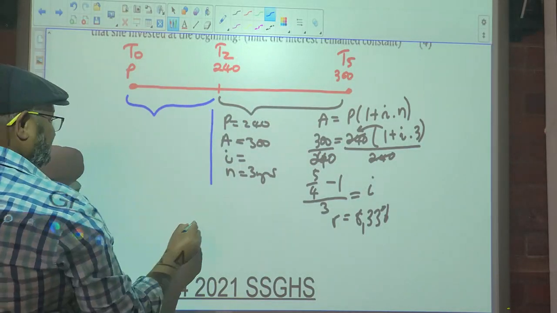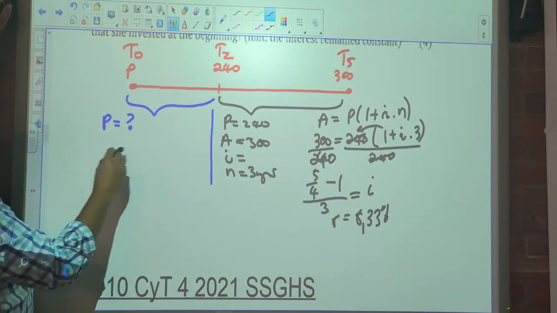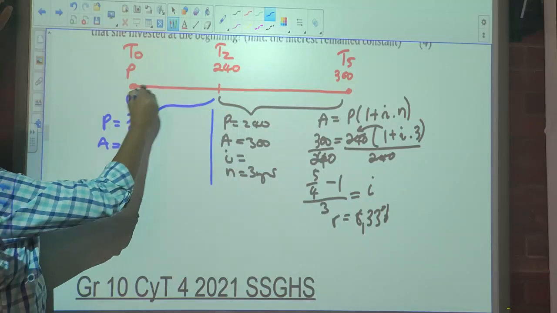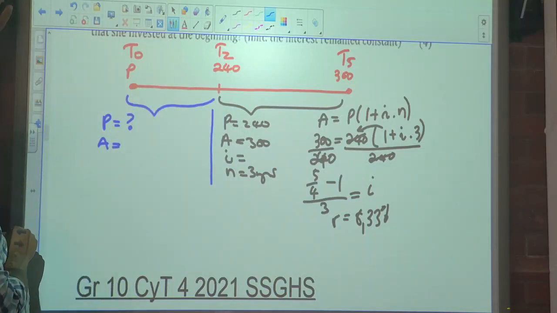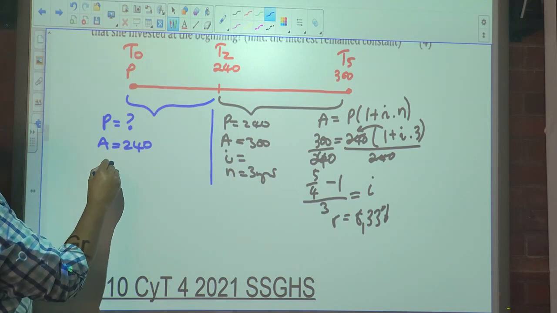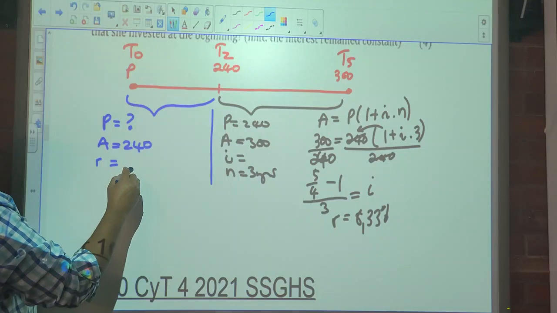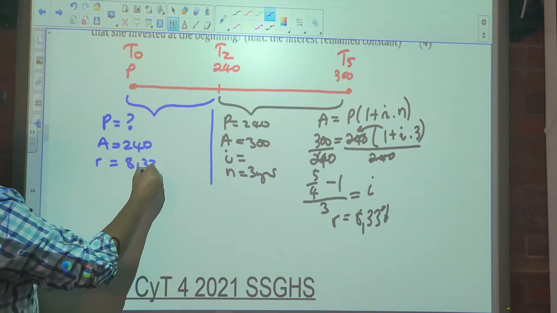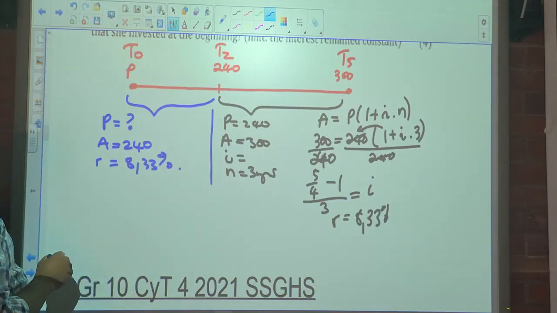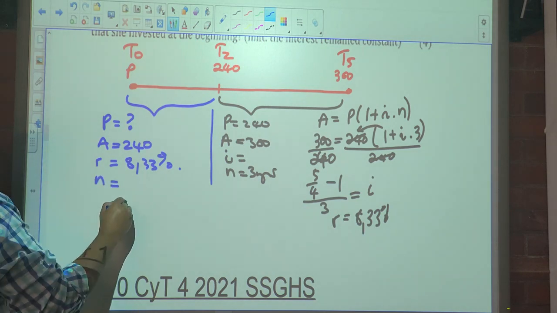My P value is unknown, and that's what I need to calculate. What's my A value here from there to there? 240. What is my I value now, my R value? 8.3%. In how many years is that for? 2 years.